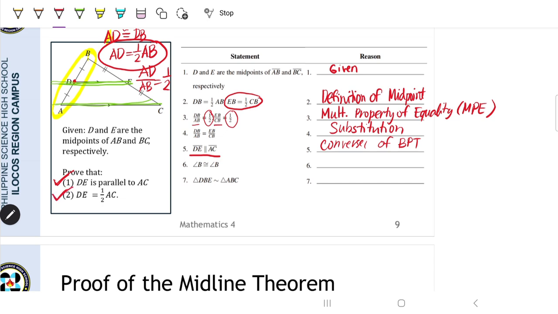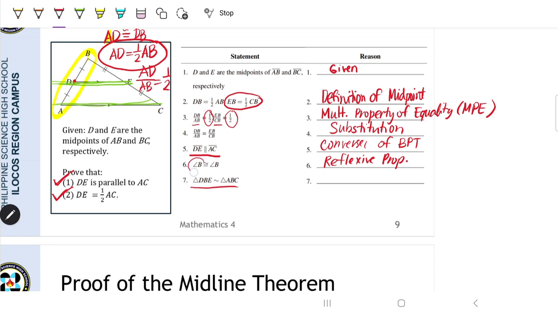DE is 1/2 the length of AC. So for statement 6, angle B is congruent to angle B. Obviously, that is true by reflexive property. Next one, number 7. So we have said here that triangles DBE and ABC are similar. So how do we say that?